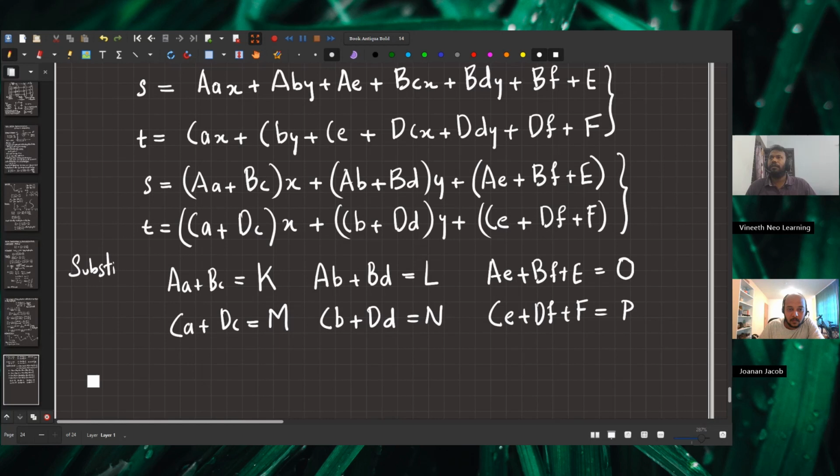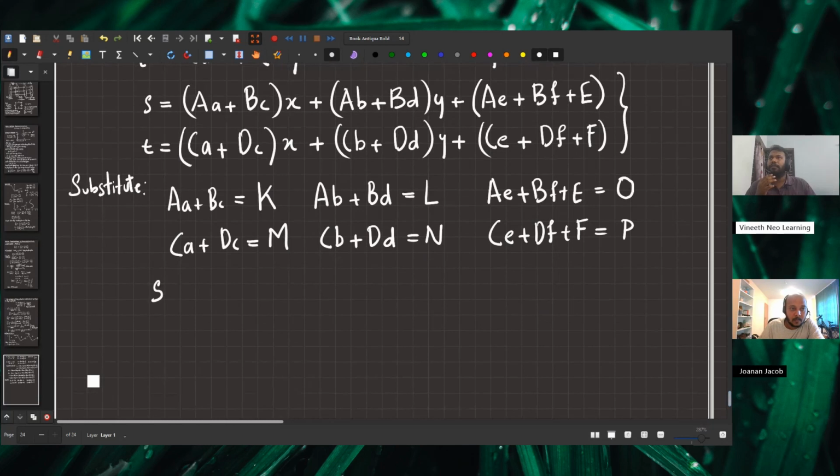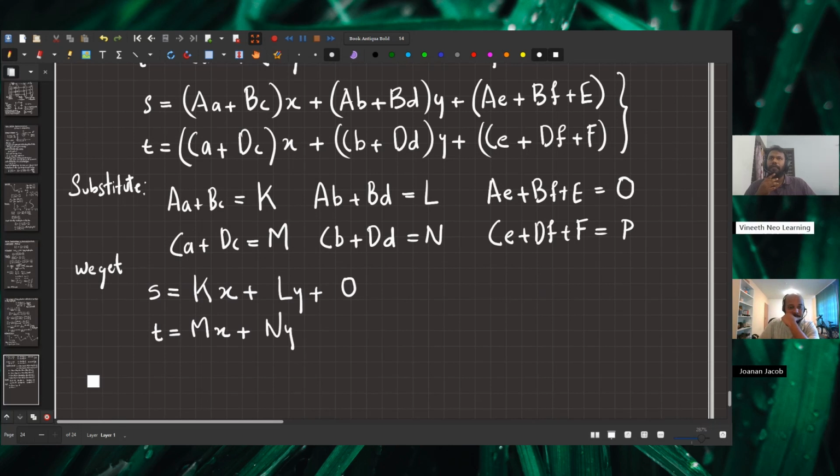Substituting these values K, L, M, N, O, P, we get s equals k times x plus l times y plus o, and t becomes mx plus ny plus p.